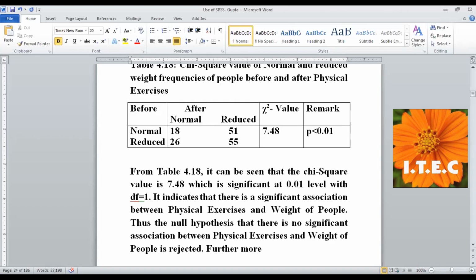Furthermore, more people reduce their weight after doing physical exercise.